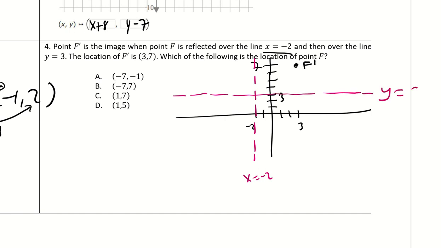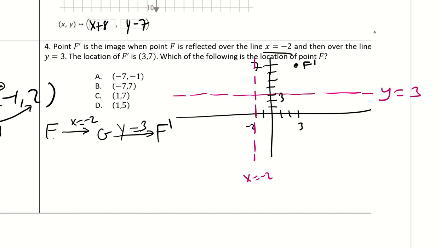It says that F prime is the image when point F is reflected. So point F is reflected over x equals -2, and we'll call that point G. And then point G is reflected over y equals 3, which leads to F prime. So you're going from F to F prime by doing those two transformations.